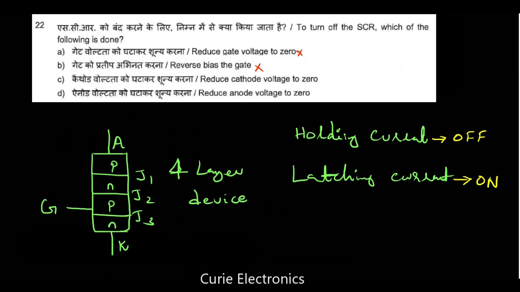So here the answer is reduce the anode voltage to 0. The SCR symbol is like this, and we have the gate, anode, cathode. So we have to reduce the anode voltage to 0, then it will turn off.